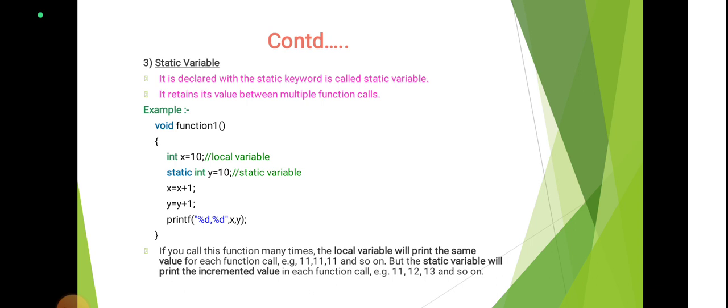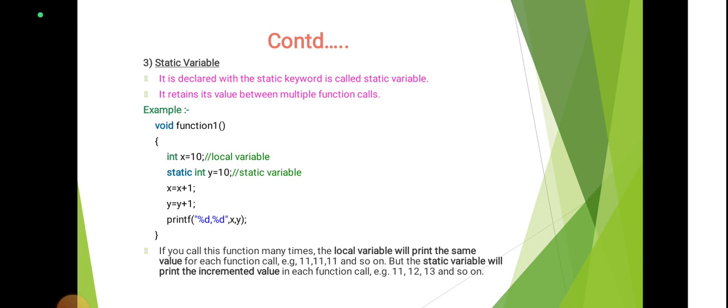When this code is executed, you will get the output 11 for x each time, but the value of the static variable will be displayed as 11, 12, 13. It means if this function is called many times, then the output will be different.